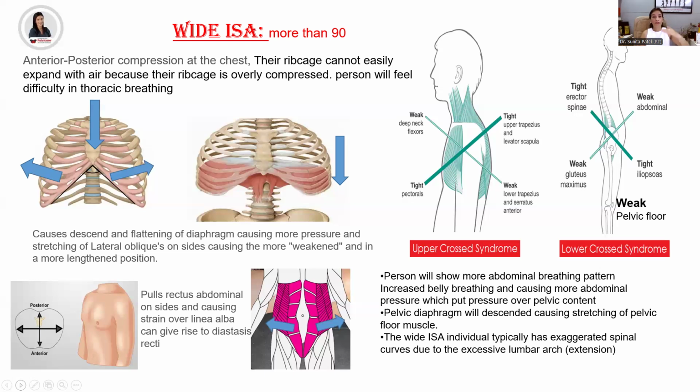But if continuous pressure is falling into the abdomen, and that pressure is falling over the pelvic organs, that pressure can affect the pelvic floor muscles and their tone, because the muscle works as a trampoline with good tone, but if there is descending pressure over the muscles, it might start getting weaker.